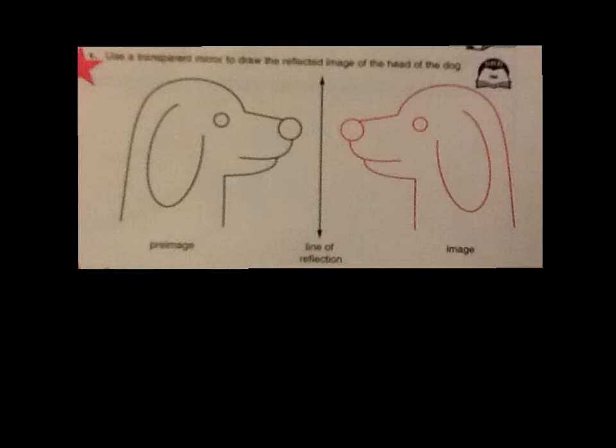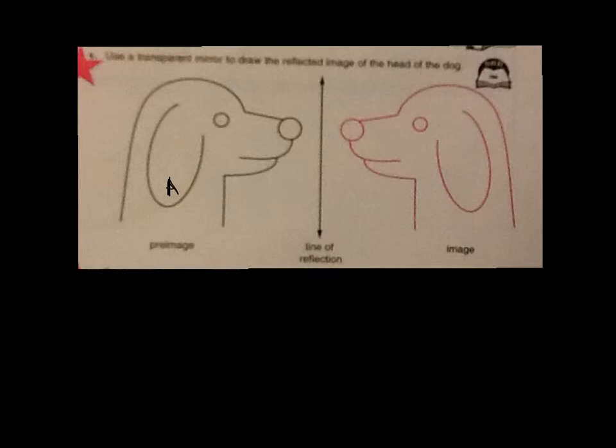I would like everybody to mark a point A anywhere on your pre-image. So I'm going to mark my point A right here on his ear, but you can mark it yours anywhere on your pre-image that you'd like.